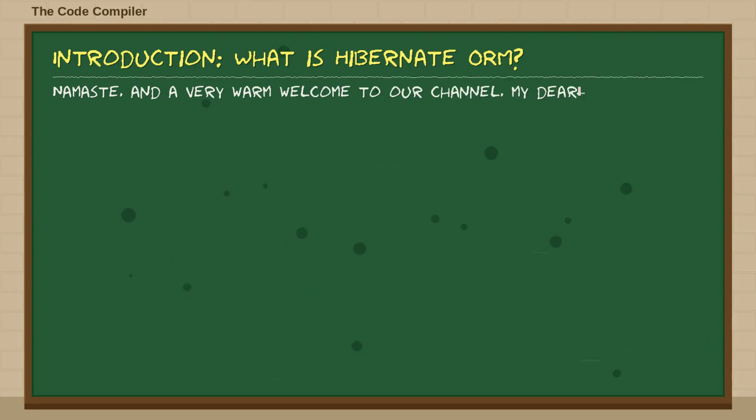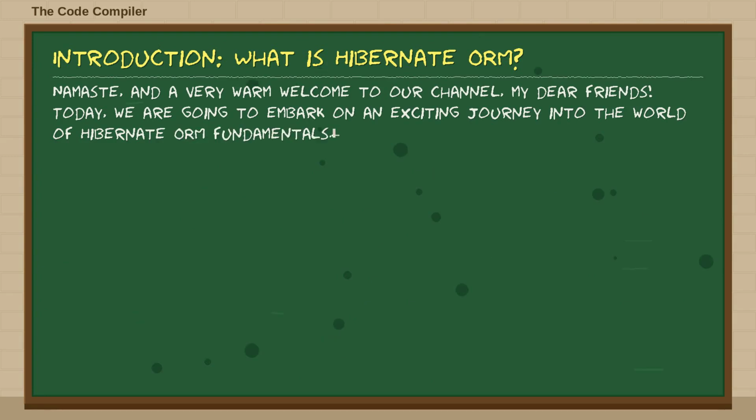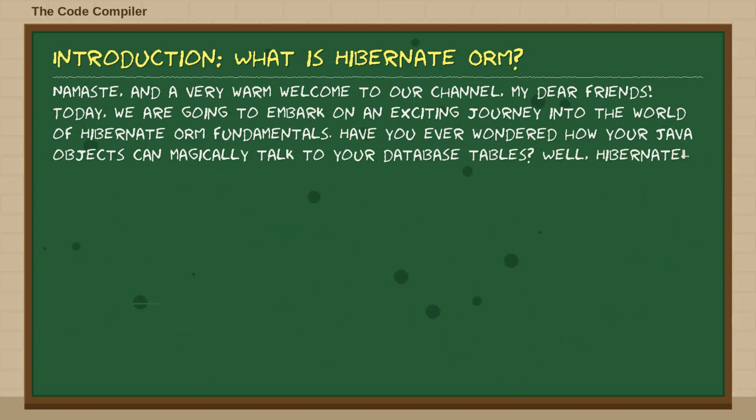Today, we are going to embark on an exciting journey into the world of Hibernate ORM fundamentals. Have you ever wondered how your Java objects can magically talk to your database tables? Well, Hibernate is the answer.